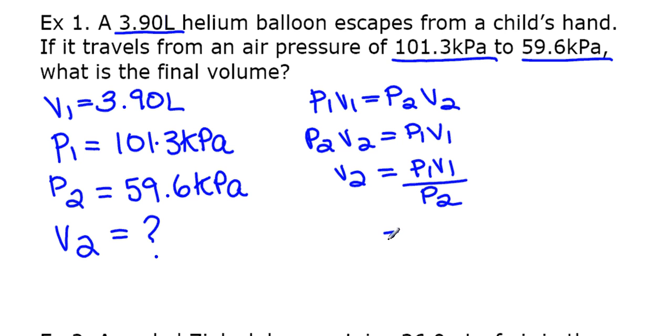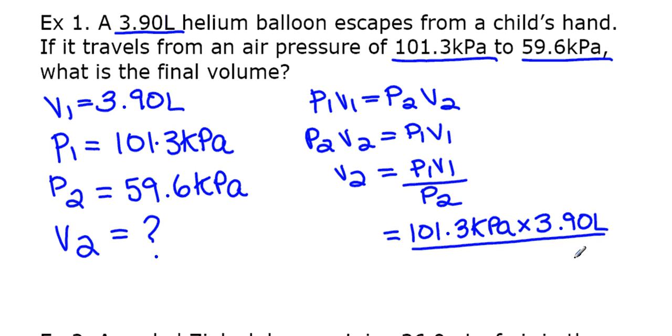Our pressures are both in the same units, which is good. So I'm going to start with P1, 101.3, times my volume, and divide it by P2.